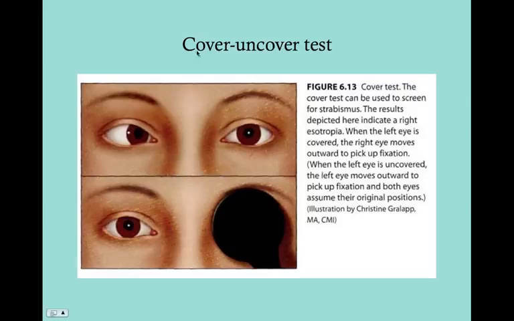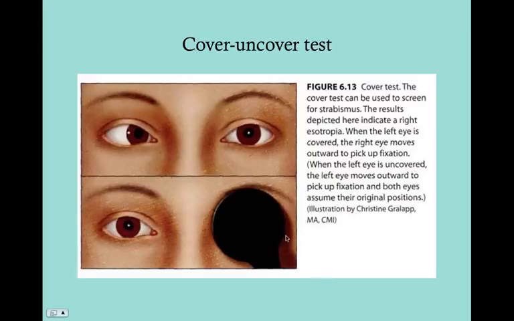Okay, so here's a picture. So this maybe will help solidify this in your mind. So this is how the patient looks. And this patient clearly, you would think, has a right esotropia because they've got this deviation, and you can see it without even having to test anything.